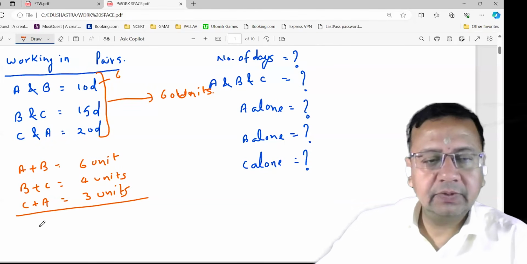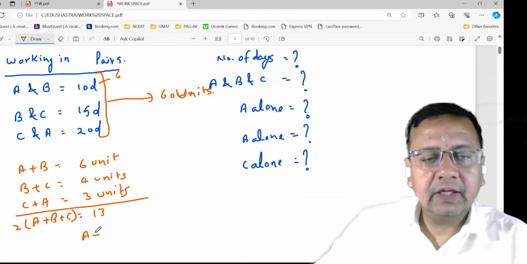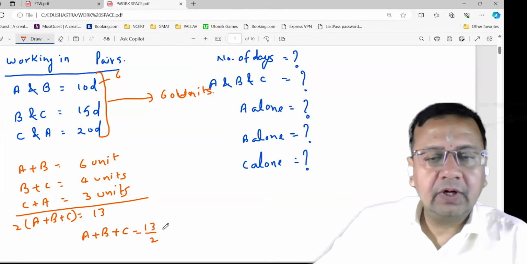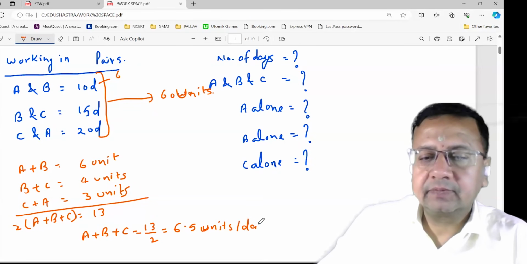Now, what to do? Add all these three equations. So 2 times (A plus B plus C) is equal to 13, so A plus B plus C is equal to 13 by 2, or 6.5 units per day.